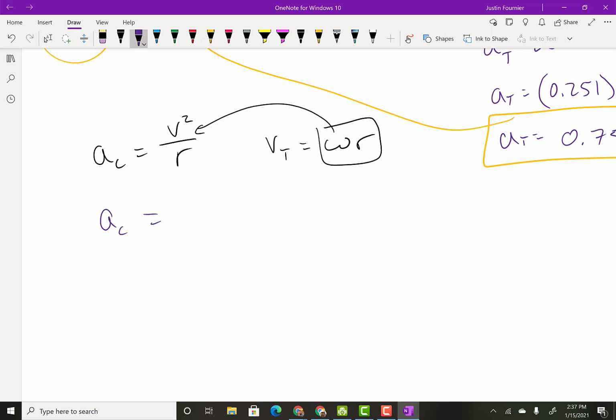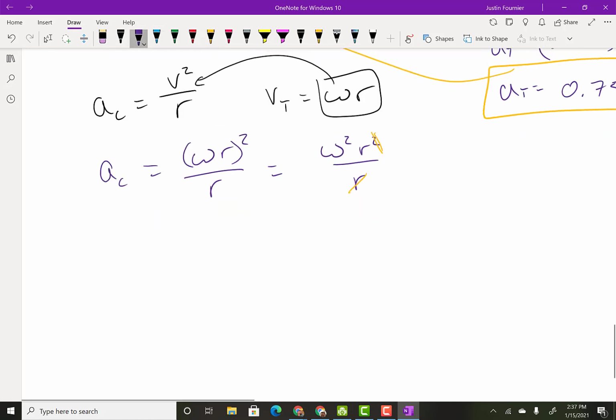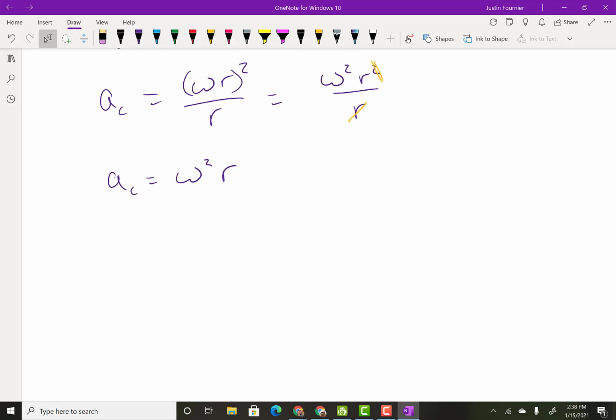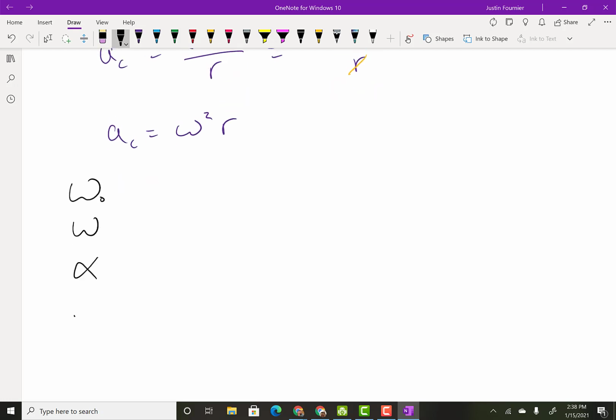So AC is (omega times r) squared over r, which is omega squared r squared over r. The r cancels, and so the centripetal acceleration is omega squared times r, which we've done before. That's not too big of an issue. But now I'm going to do another delta theta, delta t calculation.